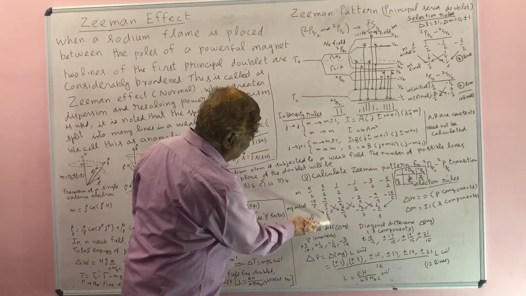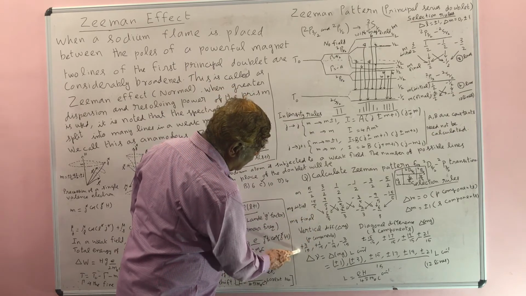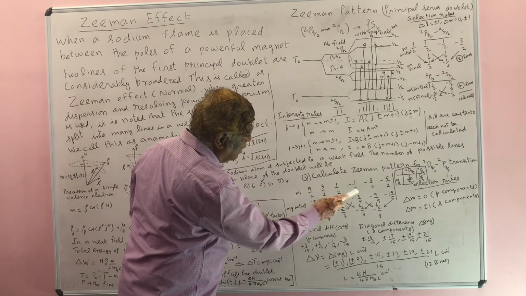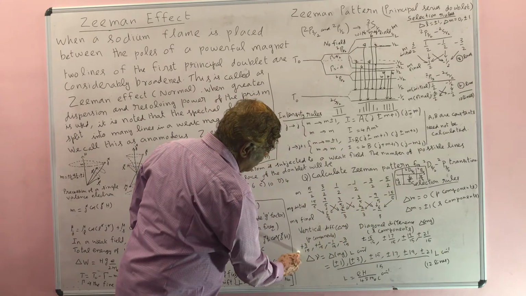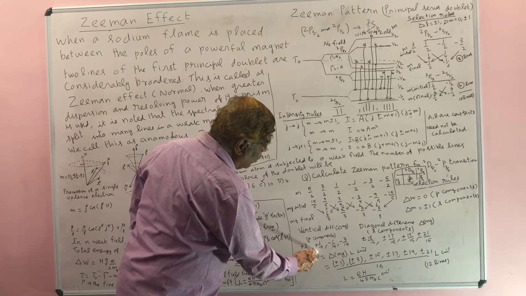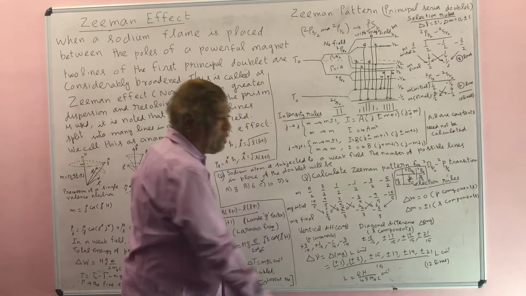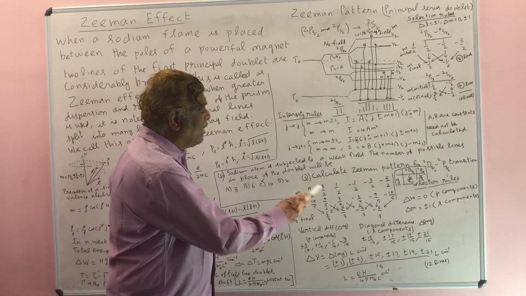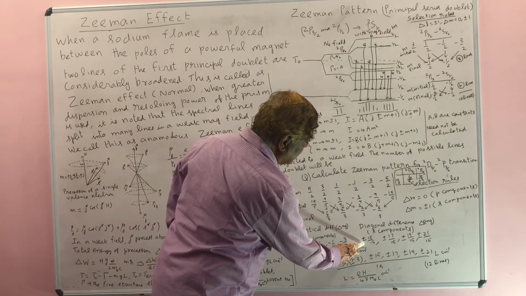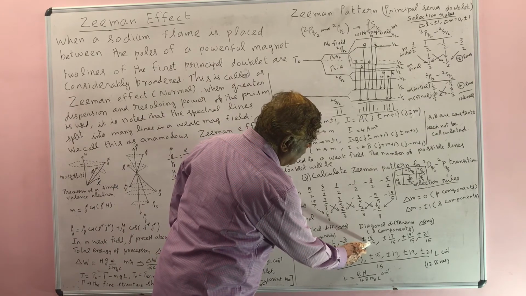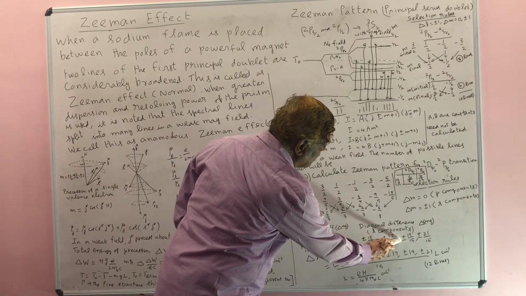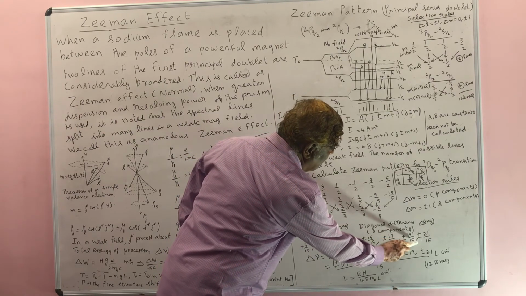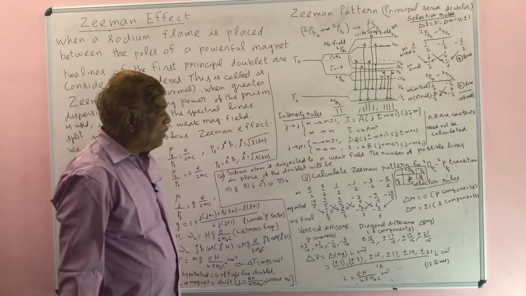Once you find the difference, for delta m is equal to 0, the vertical lines, the differences are plus 3 by 15, 1 by 15, minus 1 by 15, minus 3 by 15. And if you find the diagonal differences, this is plus or minus 15 by 15, plus or minus 17 by 15, plus or minus 19 by 15, plus or minus 21 by 15.